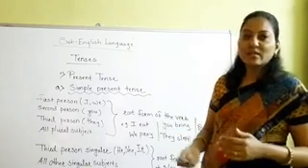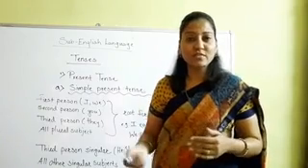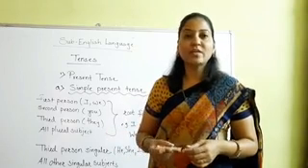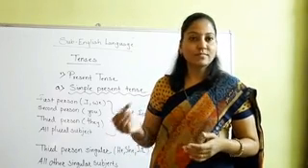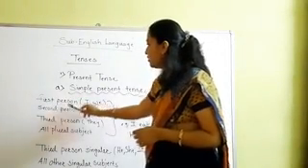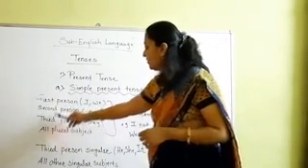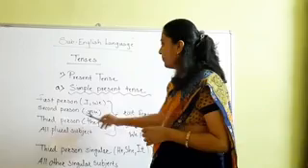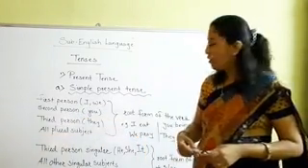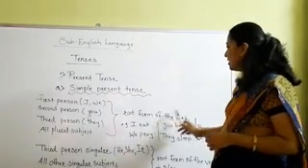students, there is a confusion about when we have to add s or es and when we have to use the main verb. Okay, so for that, now you can see here, when we are using the first person, that is I or we, or when we are using the second person, that is you, and third person they, or when we are using all plural subjects, we are using the root form of the verb.